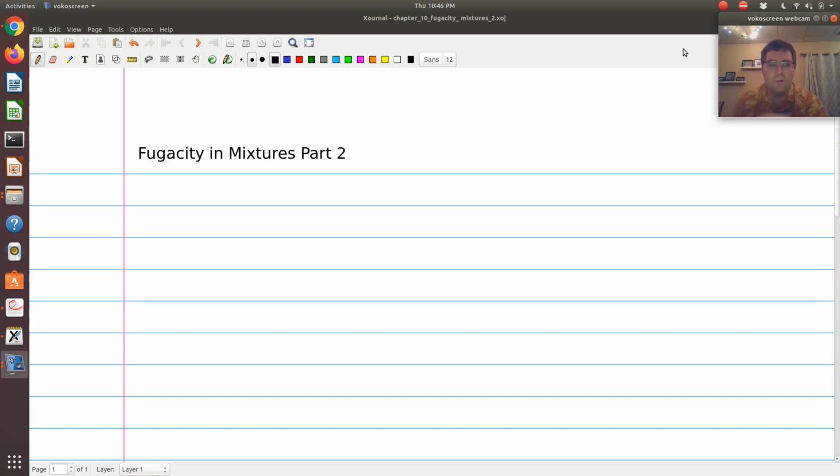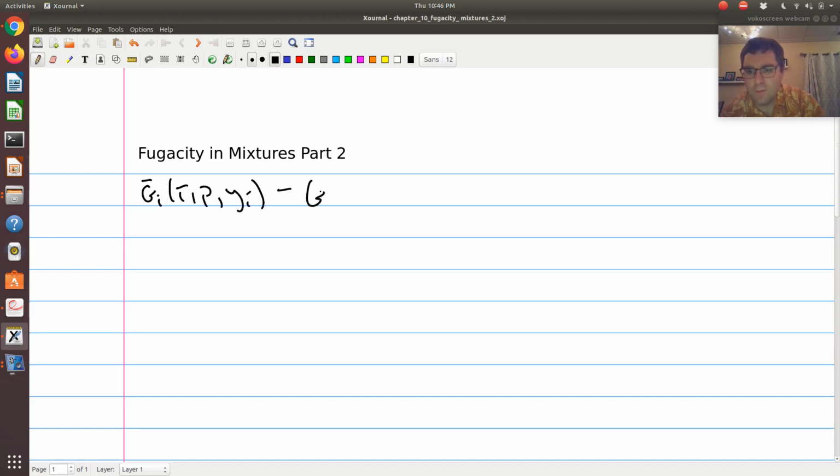Okay, and so some refreshers from our last set of notes is using our definition of fugacity. The partial molar Gibbs free energy of component i at, say, T, P, and y_i minus G-bar_i not, some reference state value.